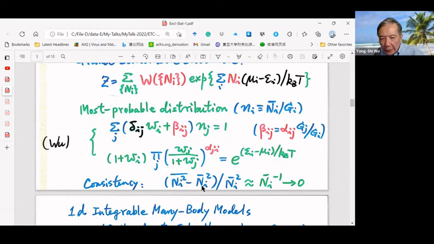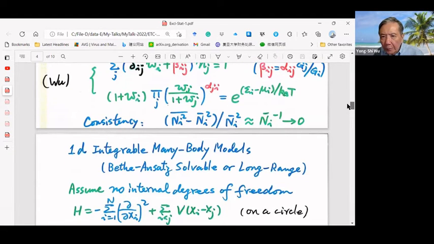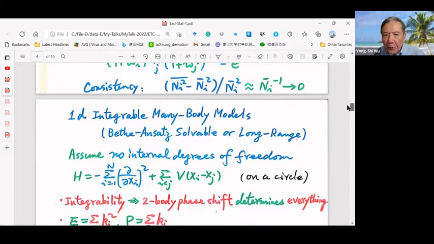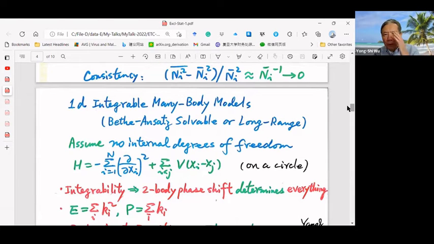We can show that the variance actually tends to 0 when the most probable occupation number becomes very big.